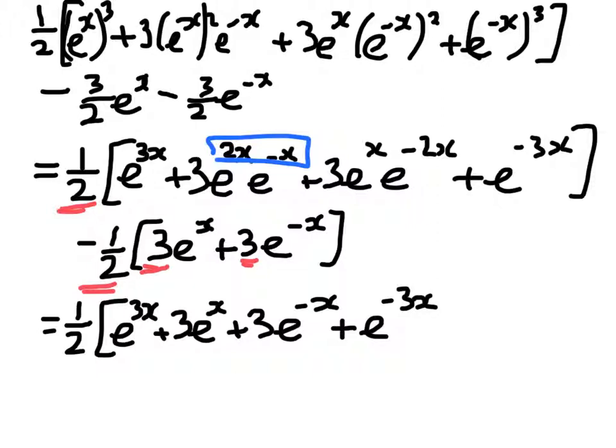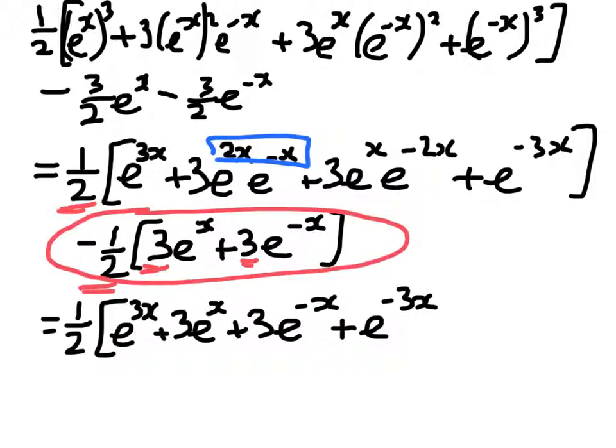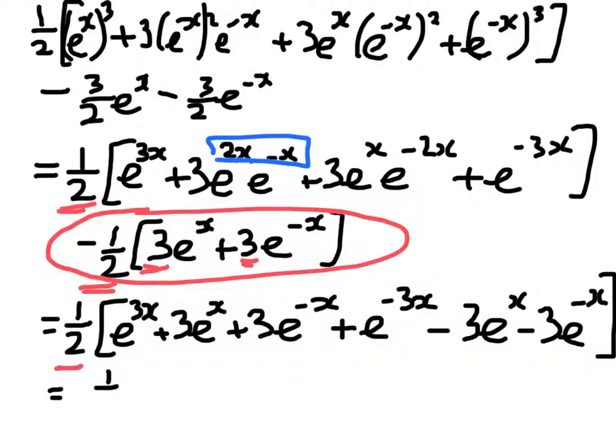And now I'm going to combine this term. Right, so I've got a plus 1/2 here. I need to have minus 3 e to the x. And again minus 3 e to the negative x. And I'm left with 1/2 of, well, let's see what goes.